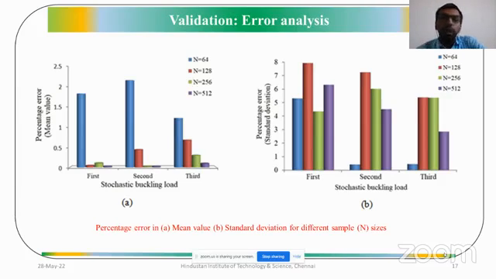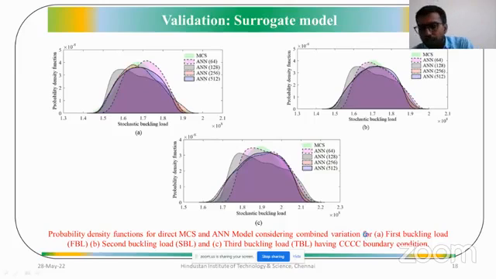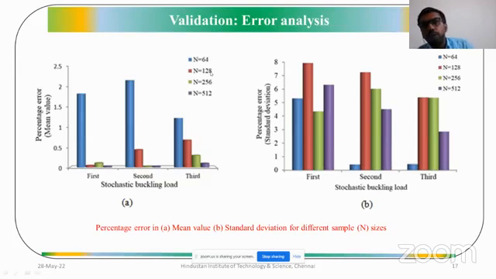Here we are giving different samples to the ANN. We have given four samples: 64, 128, 256, and 512 to the ANN model. Thereafter, the ANN model gives the prediction for 10,000 samples, because in the original Monte Carlo simulation approach, we take 10,000 random samples.